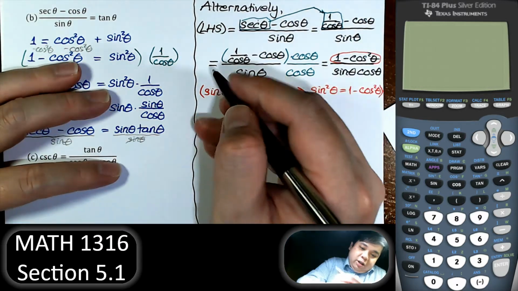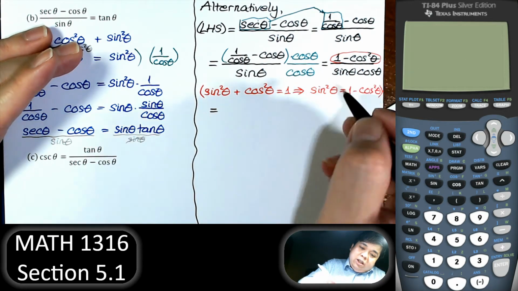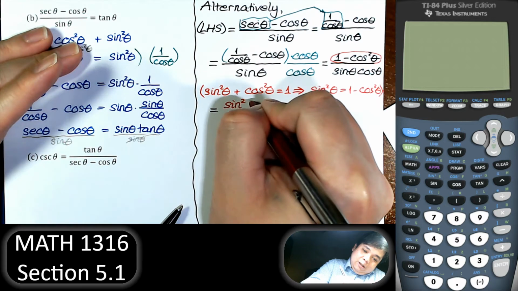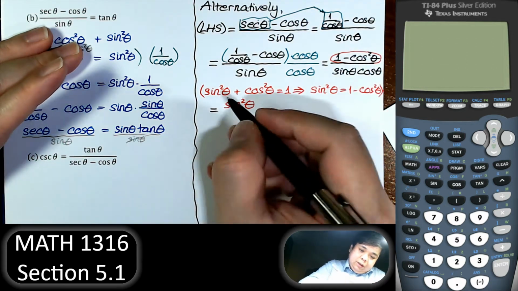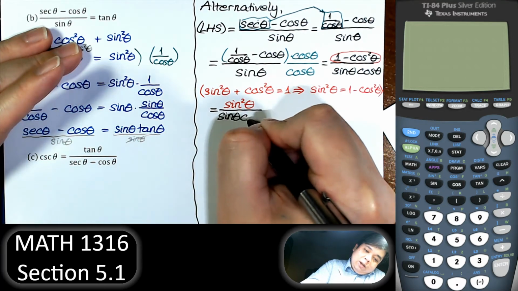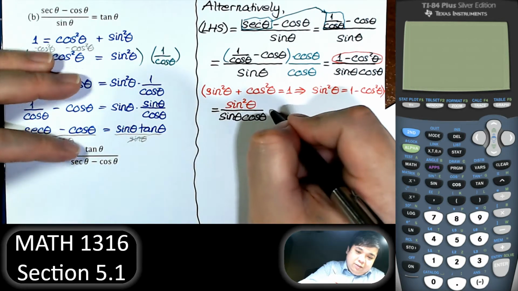So continue. From there we have 1 minus cosine square, which is sine square, on the top. The bottom is sine and cosine. And then sine square cancels with sine.